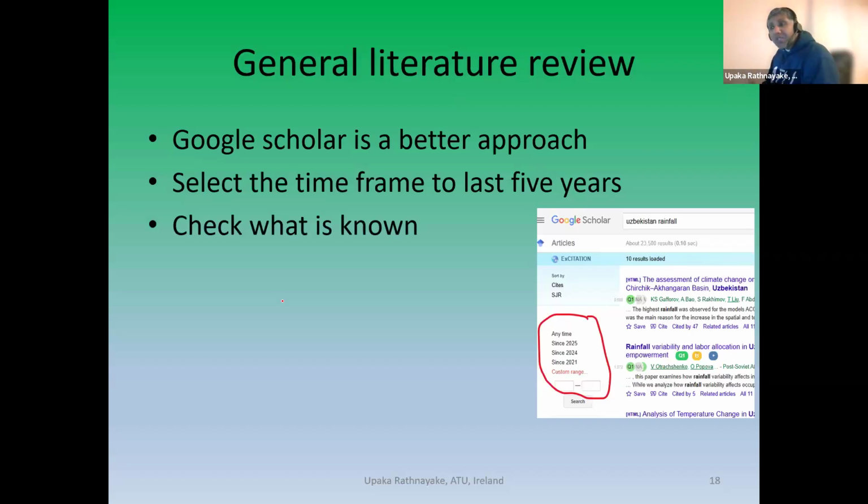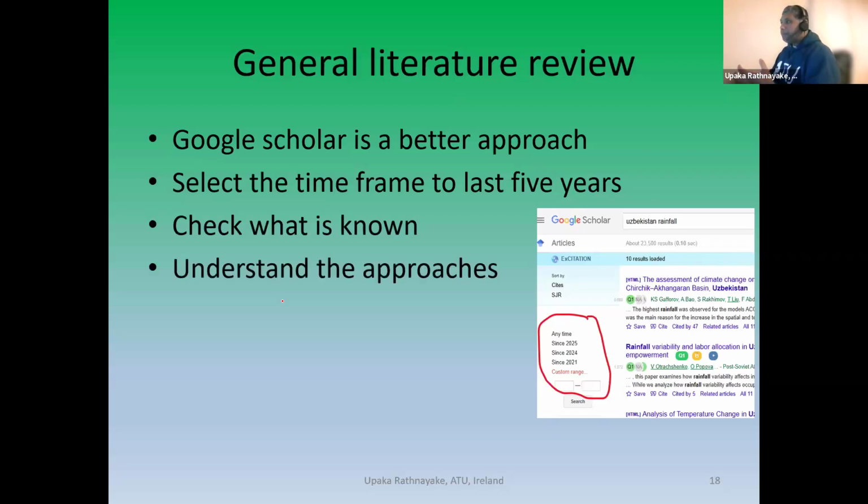Then check what is known. I have to understand what is known about the problem, because sometimes we may not look into very novel problems in the research work. A case study one. So you probably can get some information from various other published papers. So take them and note them and understand the approaches.